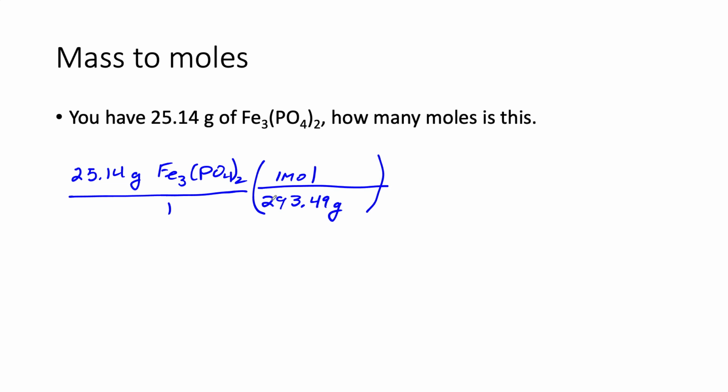So 225.14 divided by 293.49, and you're going to get 0.767 moles of FePO4. And that is how you convert moles to mass and mass to moles.